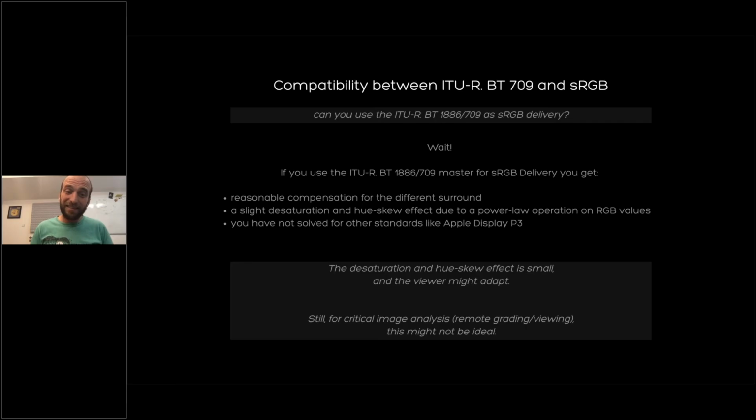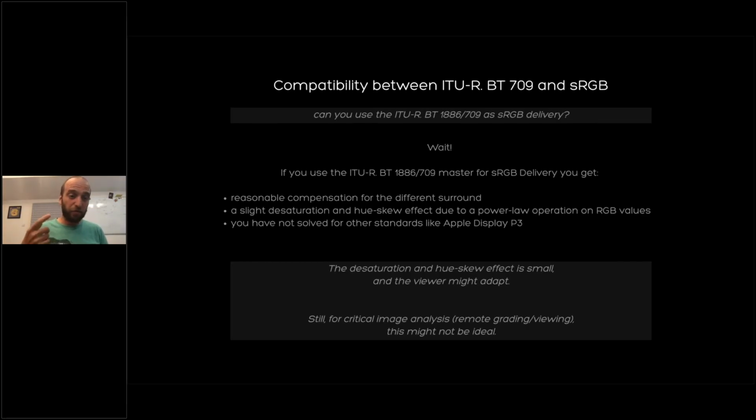But you also get a slight desaturation and hue skew in your colors because you're doing a 1.1 power law operation directly on RGB values. So you're changing the RGB ratios, and that is causing a slight shift. I'm honest, it's not very big, and we will have a look at how big it is. But you need to be aware of that.